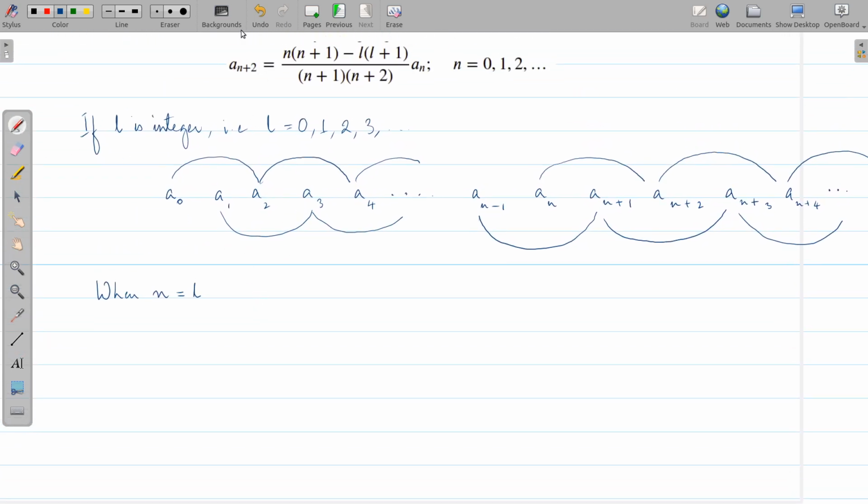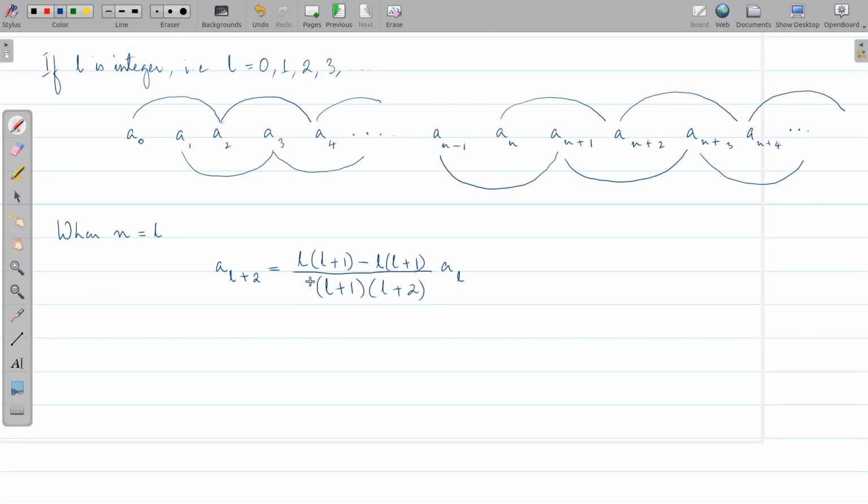According to the recurrence relation, wherever there is n, replace it with L. So we have A(L plus 2) equal to L into L plus 1 minus, here already we have L into L plus 1, and in the denominator we have L plus 1 times L plus 2, times AL. What will this become?